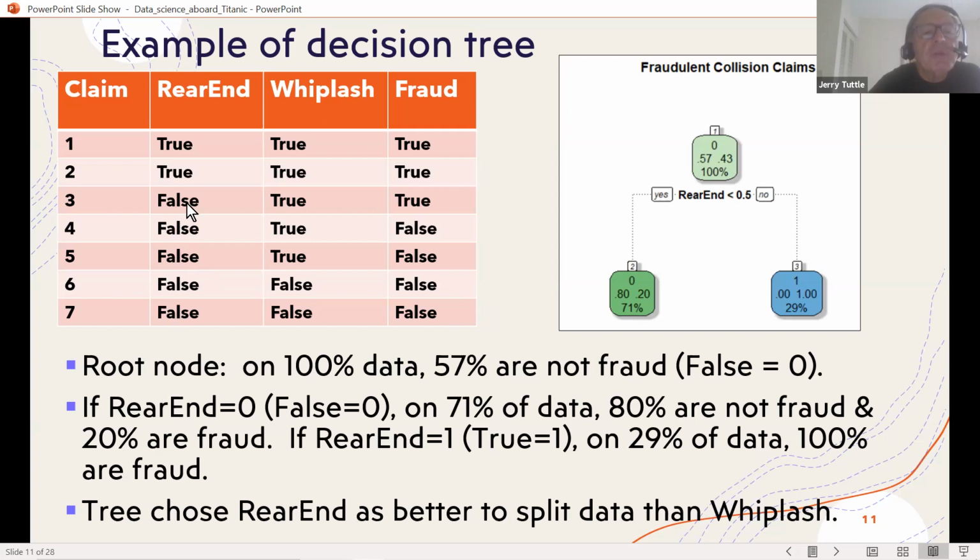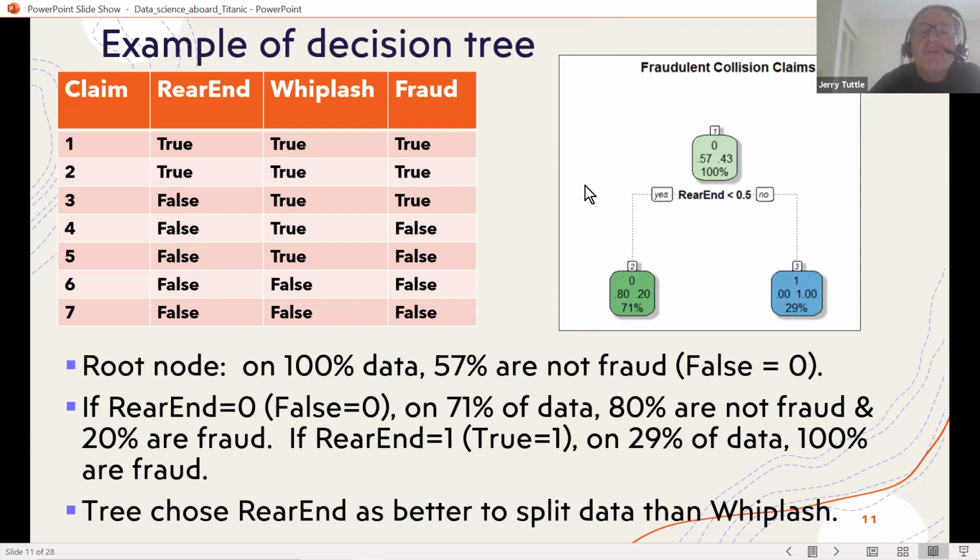I assume you see my arrow? I'm not sure. If rear ends are false, then of those that are false, 80% of those are not fraudulent and 20% are fraud. If rear ends are true, 100% of them are frauds.